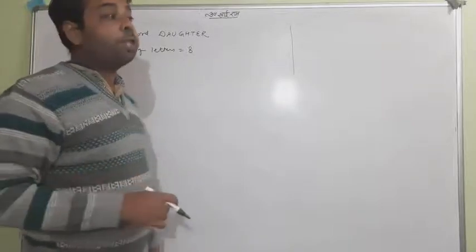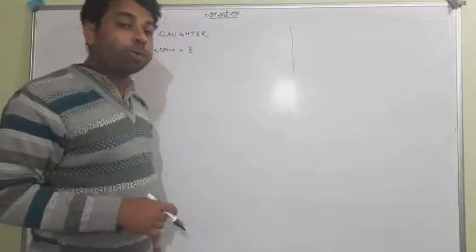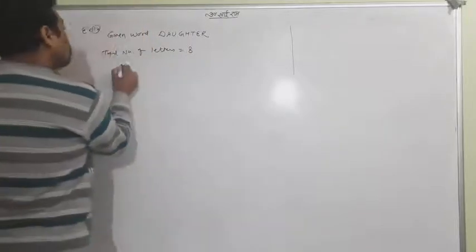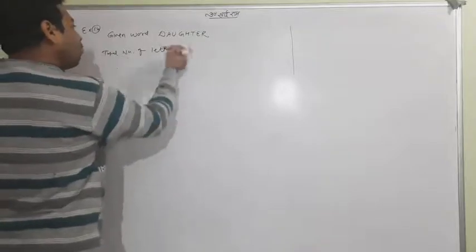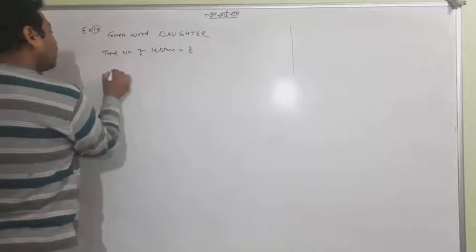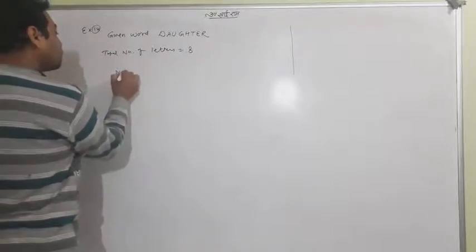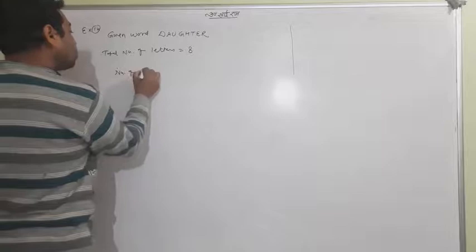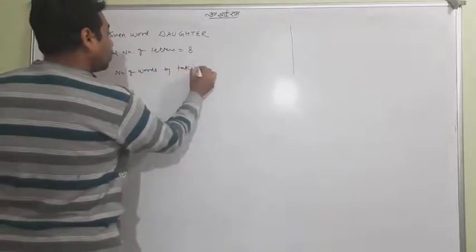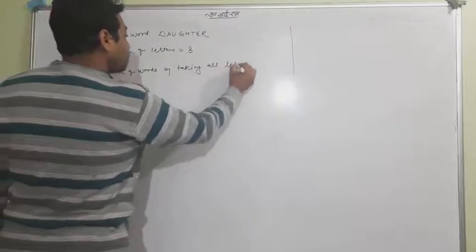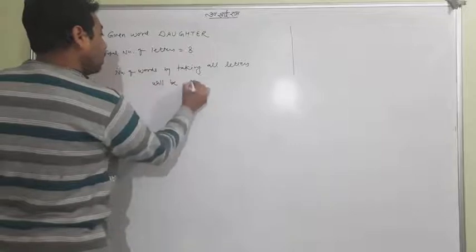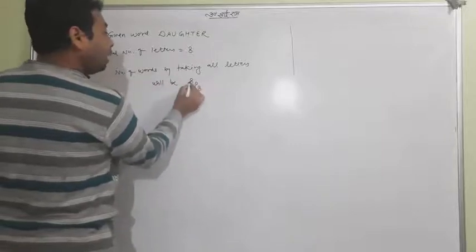You know, when any particular letter comes 2 times, we have to divide by factorial 2. This time we don't have to worry about that. Okay. So definitely we take all letters at a time. I will write that the number of permutations by taking all letters will be 8P8, nPr.